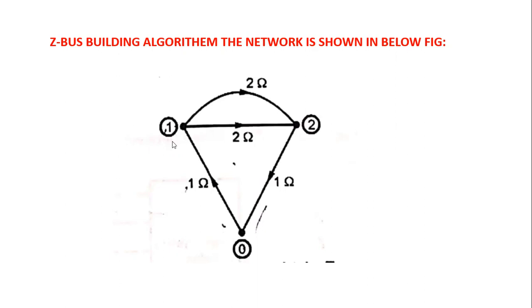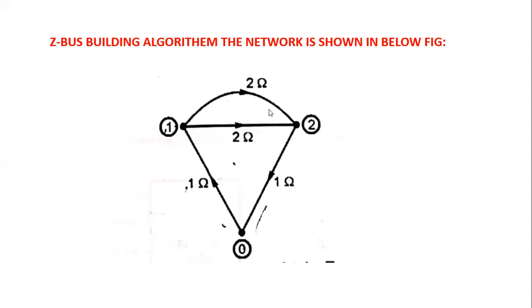The elements are 1 ohm, 1 ohm, 2 ohm, and 2 ohm. We have 4 elements, and by using the step procedure, we add the elements to the network.